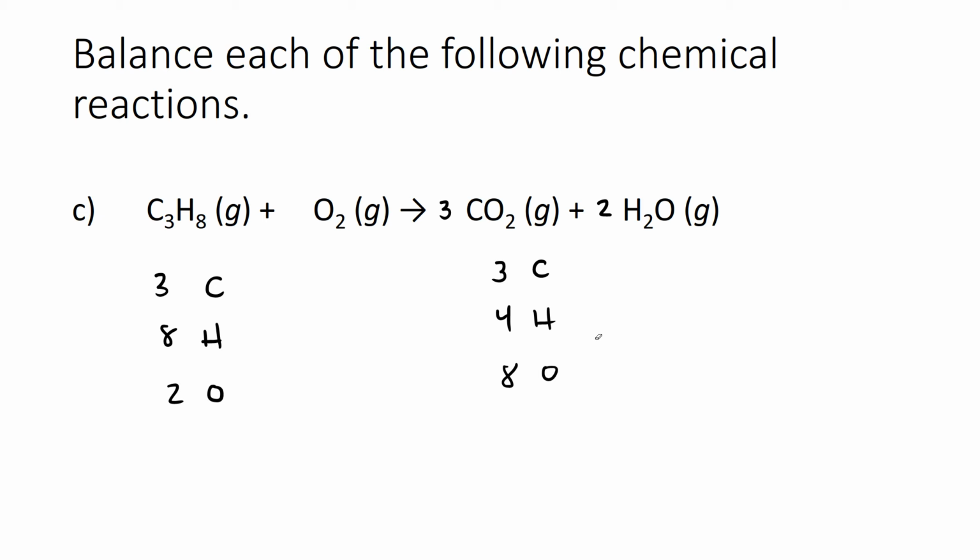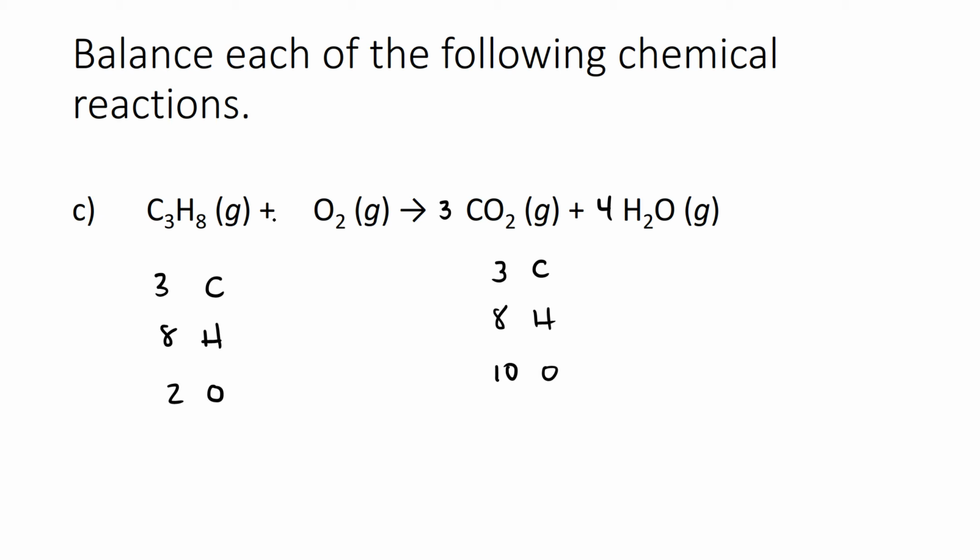But we don't have a balanced number of hydrogens, so I'm going to go ahead and make this a 4 to give us the 8 hydrogens, but the number of oxygens has also changed because now we have 4 plus 6 is 10 oxygens.